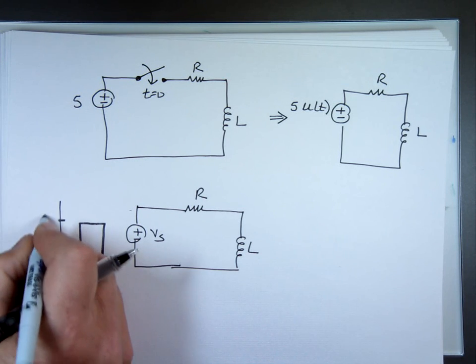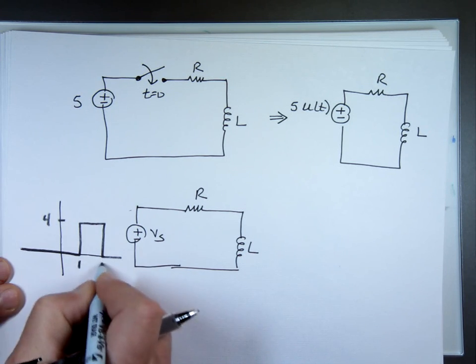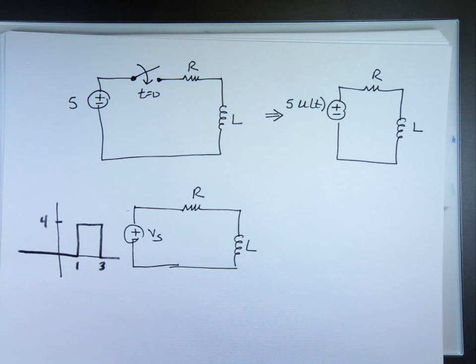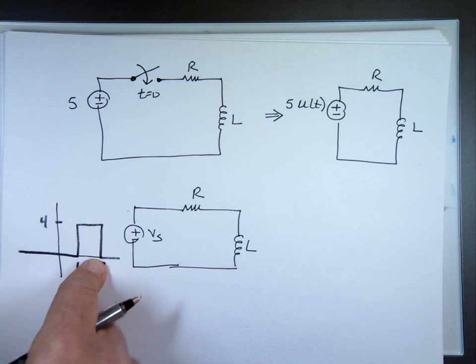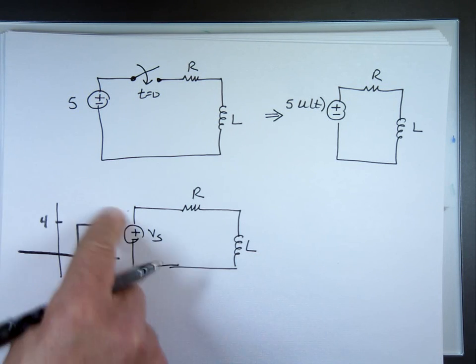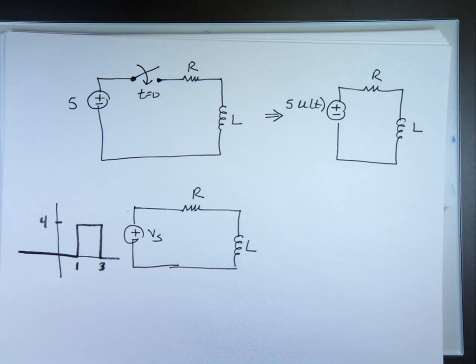Let's say it's 4 here, and this is like 1 and 3 maybe, seconds. Let's say we have something like this. What is that? You can take that source that you see here, that step there, and rewrite that using the unit step function.